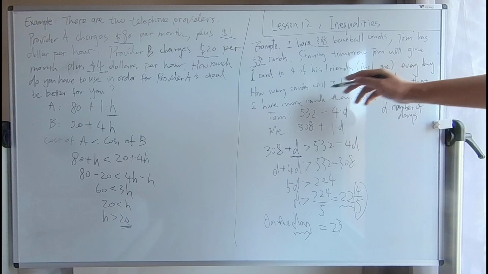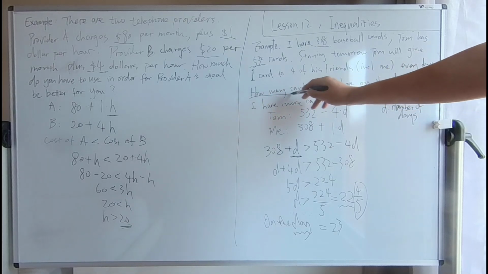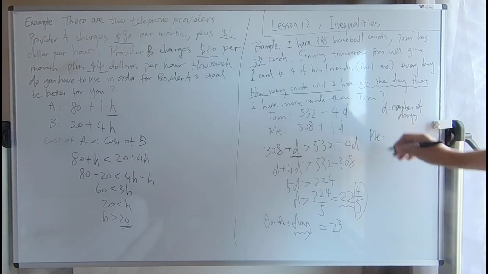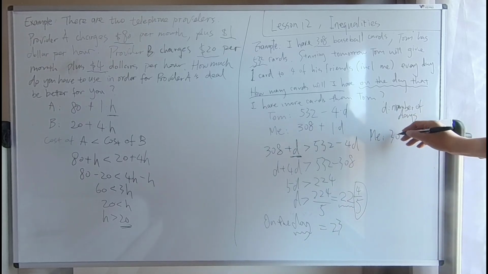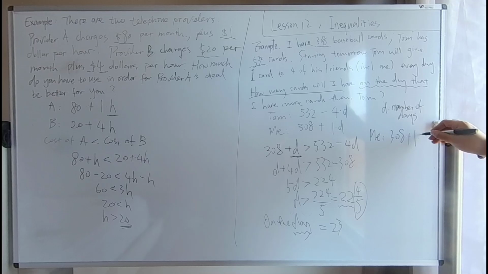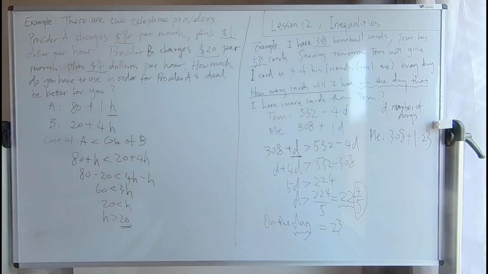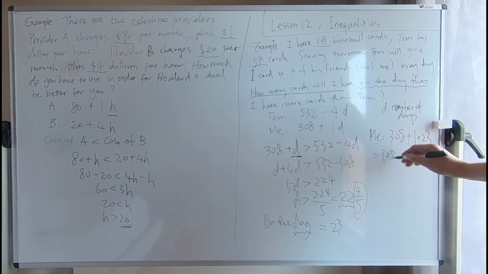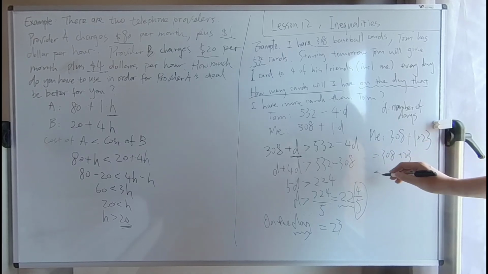Eventually I want to know how many cards I have. So my cards will be 308 plus 1 times the number of days. So 1 times 23, it's 308 plus 23. That's 331.